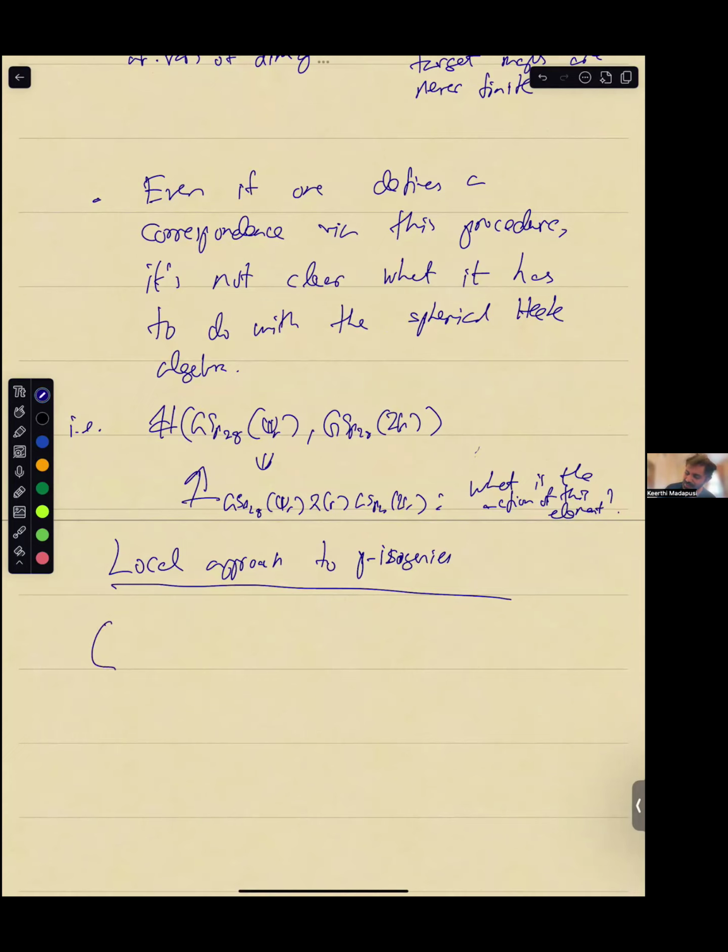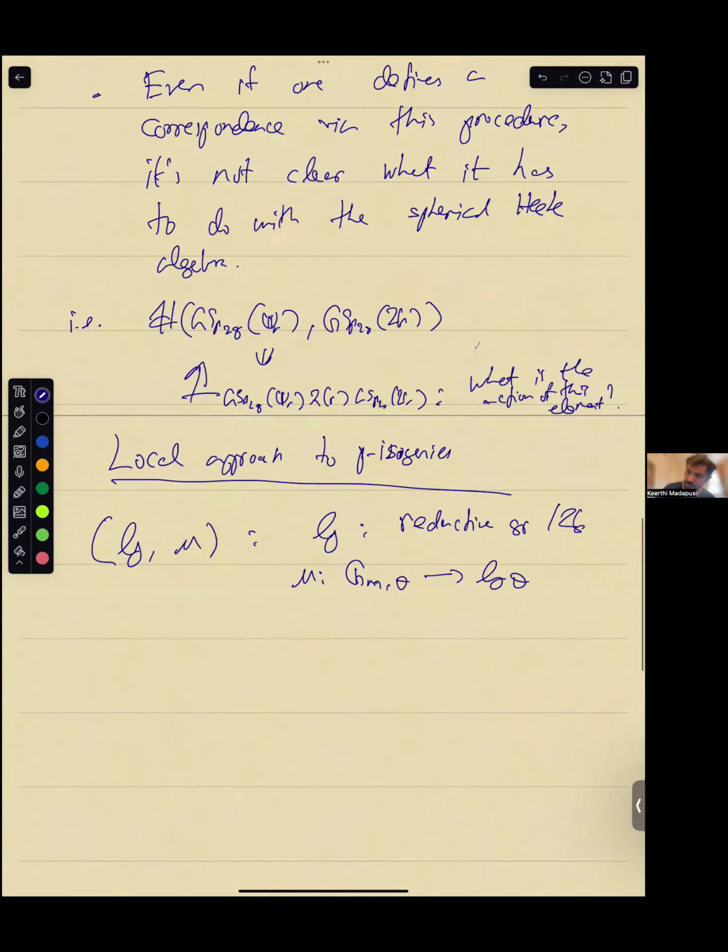So what we're going to look at is the data of a G and a mu, where G, just to fix ideas, is going to be a reductive group over Z_p. And mu is going to be a co-character defined over O, where O over Z_p is an unramified ring of integers.